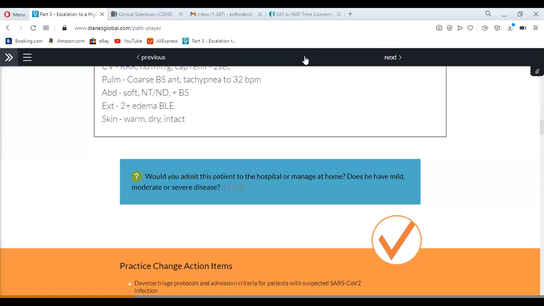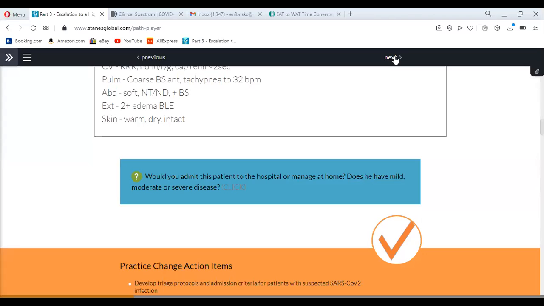So we had a lot of people, all agreed the patient needed admission, which is quite good because the patient had symptoms and also now had a saturation of 92%. And we had a number who said moderate, some said severe disease. But I think you've actually gone through that as regards the criteria of where they will fall.